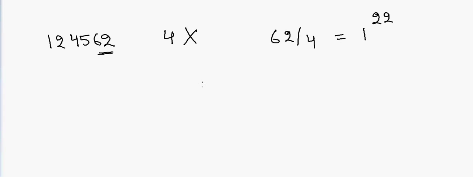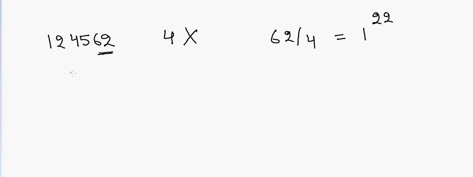In that case I have to look at the last two digits, and check whether they are evenly divisible by 4. So 62, if we try to divide 62 by 4, I'll get 15 and then 2 left. So that is not evenly divisible by 4. So this number cannot be evenly divided by 4.